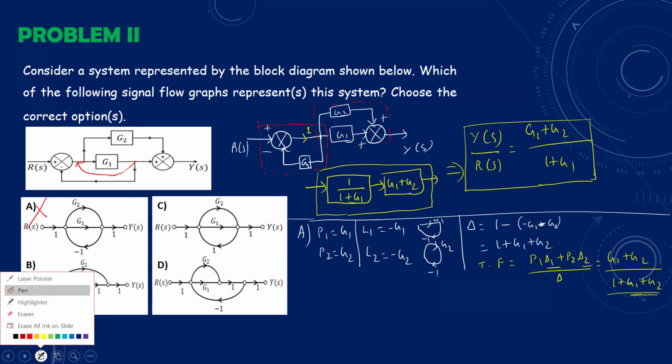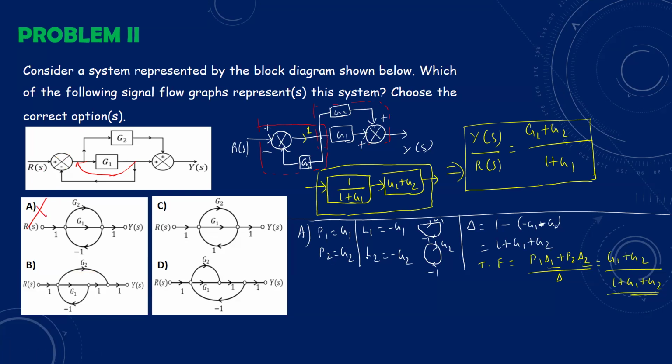If we check with option B, again we can find the forward paths. P1 equal to G1 is one forward path and G2 is another forward path. If we check the loops, only one loop is there, that is G1 with -1.